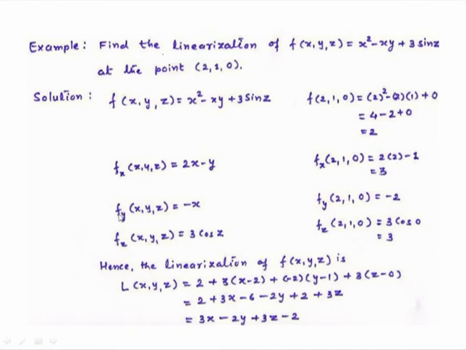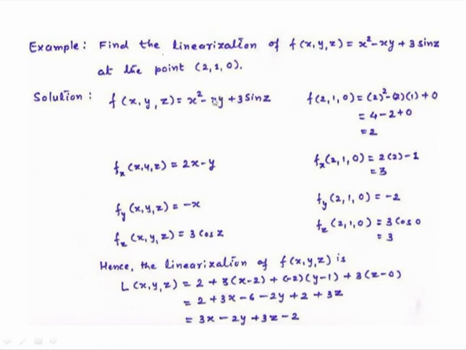Now the partial derivative of f with respect to y is minus x, because this is 0, this is 0. We are differentiating with respect to y, so the remaining variables are treated as constants. This is a constant, so it becomes 0 after partial differentiation.